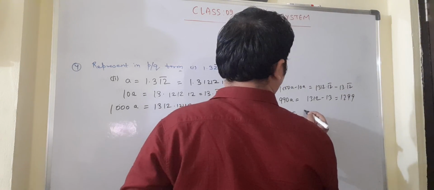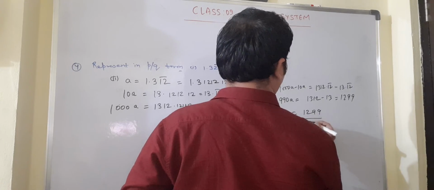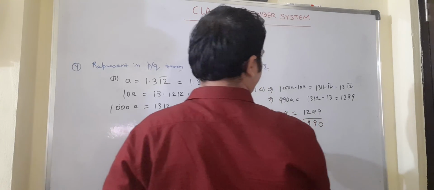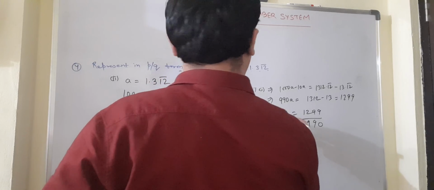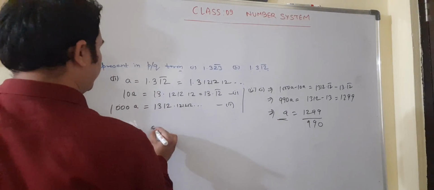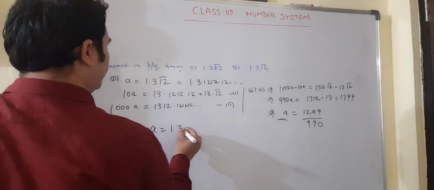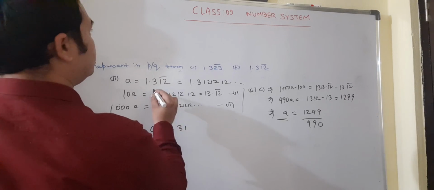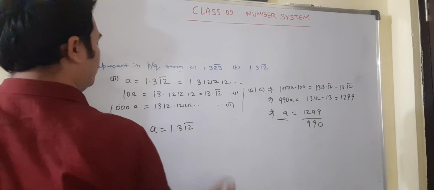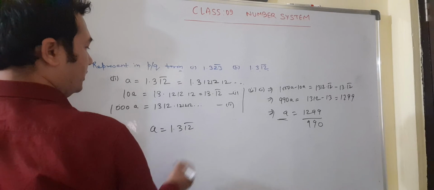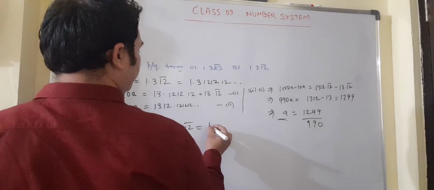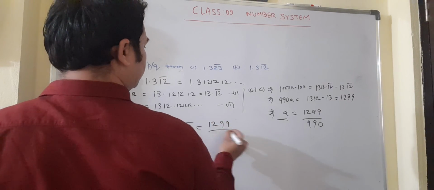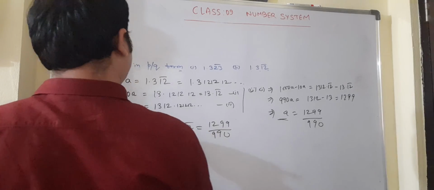A equals 1299 by 990 by transposing. So A, what is A? A was the original question, that is 1.312 with bar over 12 only. So this we have converted to p by q form.